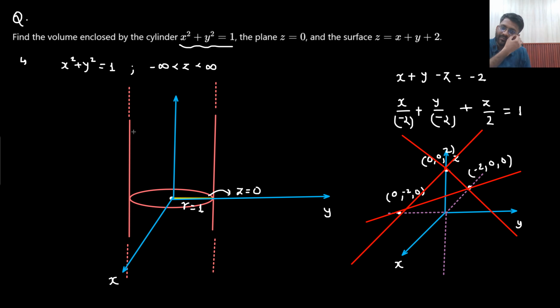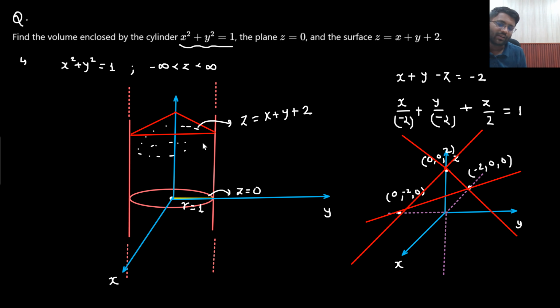So basically there will be some plane like this here. The equation of this plane only I know, which is z equals x plus y plus 2. That's it I know. So how much volume it is enclosing, that I need to find out.